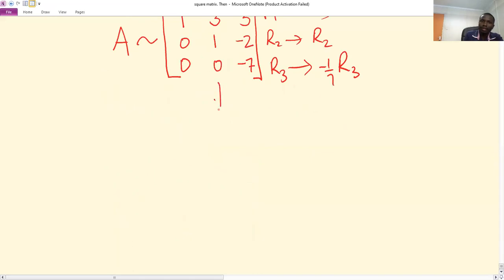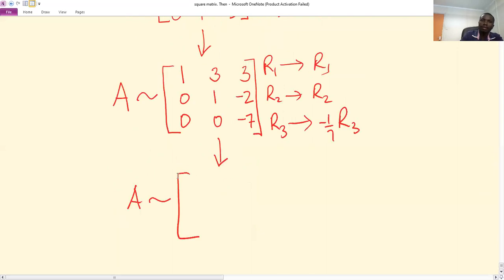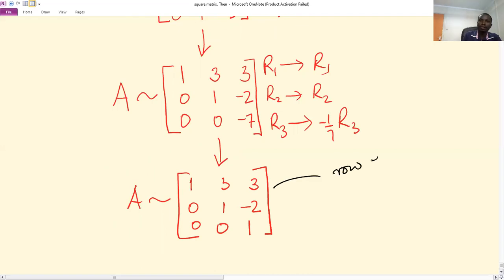So this will transform A into 1, 3, 3, 0, 1, minus 2, 0, 0, 1. So far this one is in row echelon form.